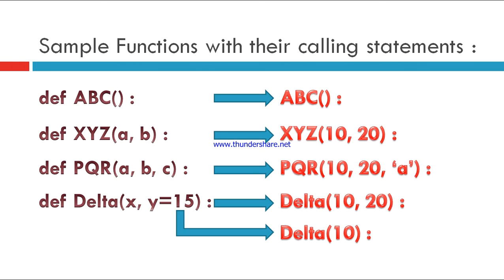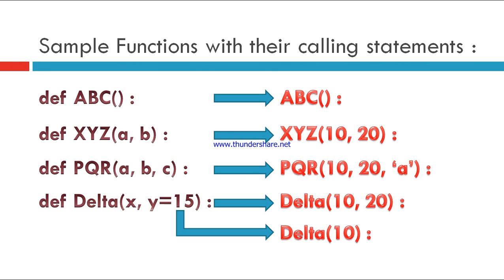Now just see one more function calling related to this same delta function, that is delta 10. Here just check the function header. The function takes two input arguments x and y, but here in the function calling we are going to supply only one input argument. 10 is going to be stored in variable x.